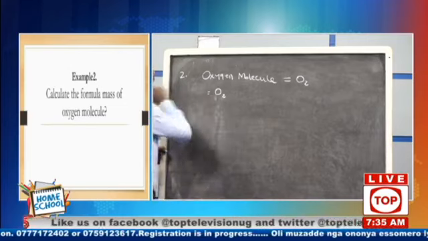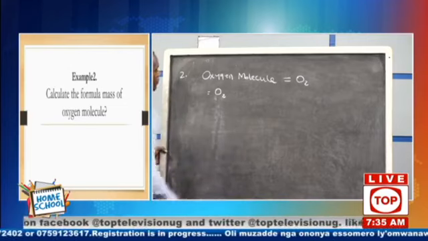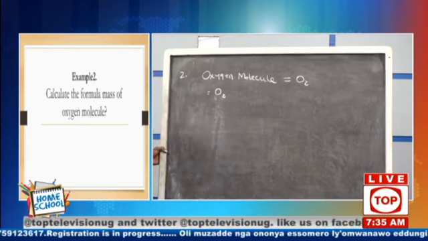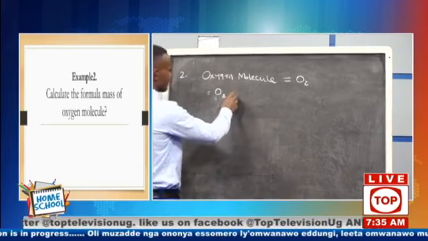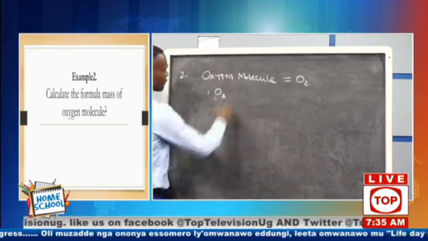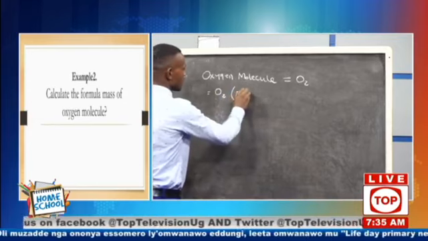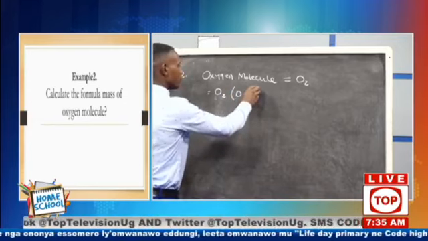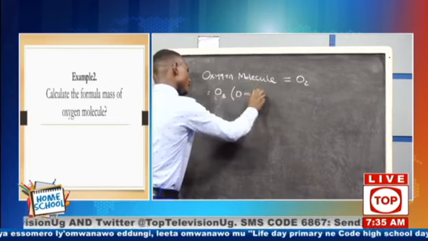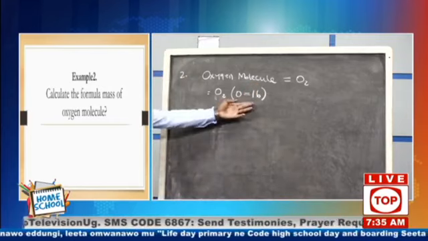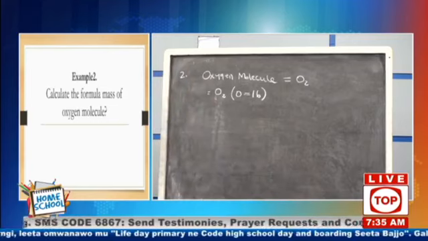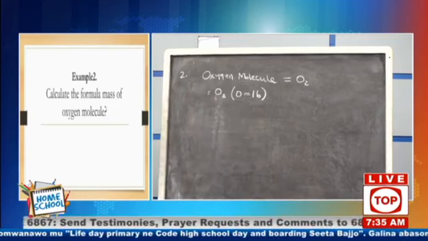This is a molecule, because it has 2 atoms, 2 substances, but similar. Put in brackets oxygen equals 16. This one you pick from the last page of a standard paper, from the periodic table.